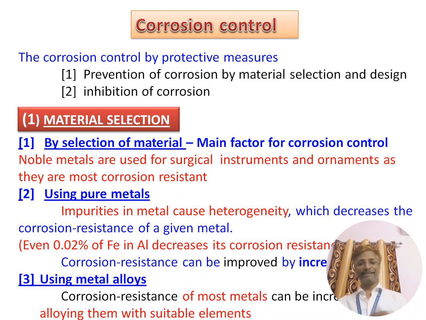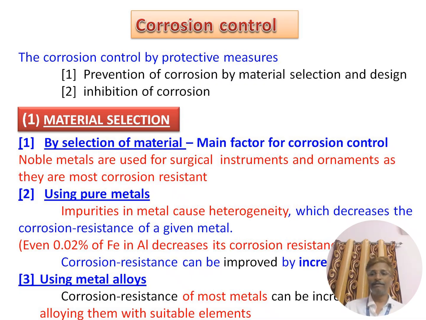Now let us see in depth. Whatever I explained before, we have to study a little bit in depth. Material selection, the first one. As I said already, based on the application, you have to choose the material. For example, surgical and hospital equipment.